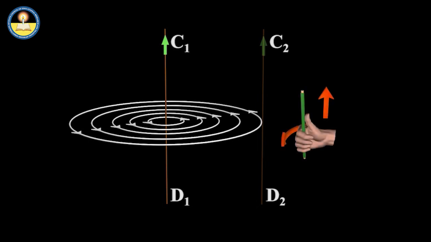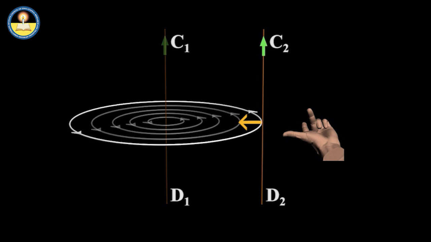According to the right-hand rule, the direction of magnetic field due to conductor C1D1 is perpendicular to the plane and directed inwards. Since the conductor C2D2 lies in its magnetic field, C2D2 will experience a magnetic force. According to Fleming's left-hand rule, force on conductor C2D2 acts towards the conductor C1D1.